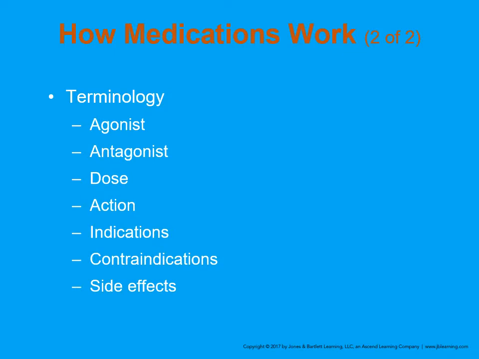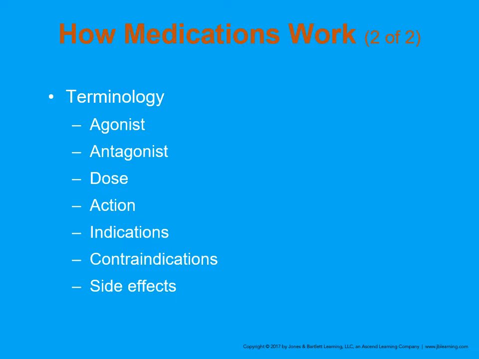All right, your terminology. An agonist is a medication that causes stimulation of receptors. An antagonist is a medication that binds to a receptor and blocks other medications or chemicals from attaching there.